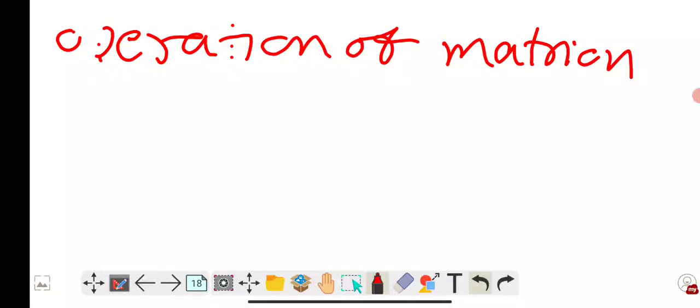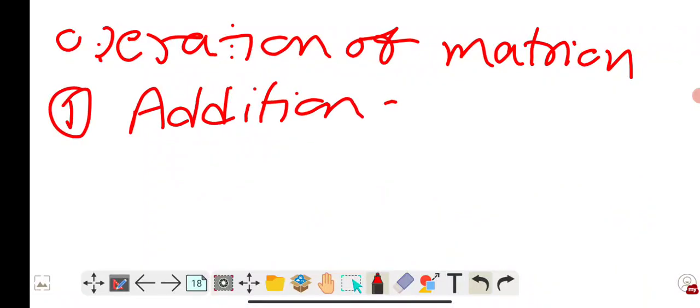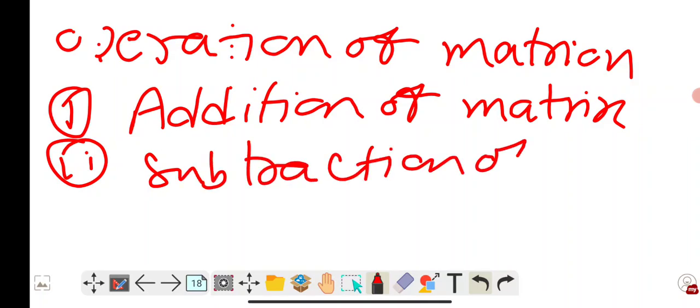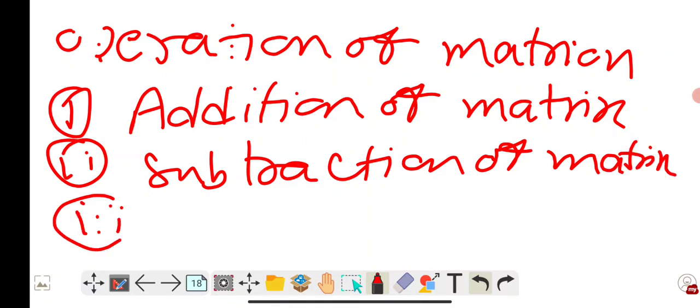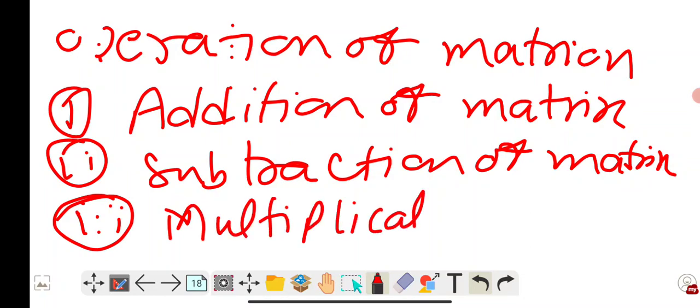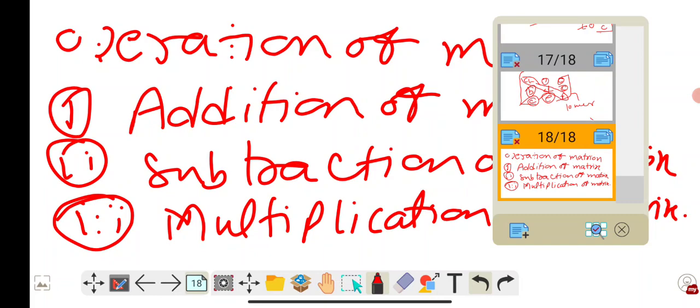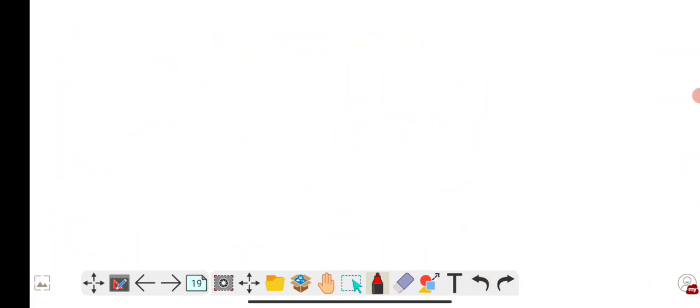We can carry out 3 operations generally: first, addition of matrix, second, subtraction of matrix, third, multiplication of matrix. Now let's start with addition of matrix.